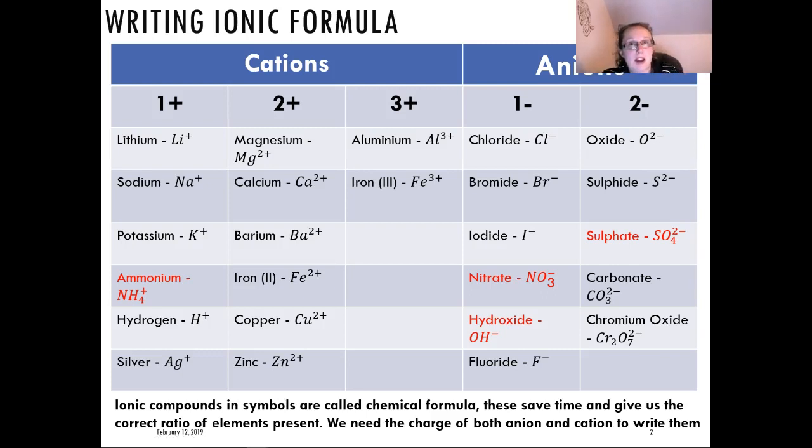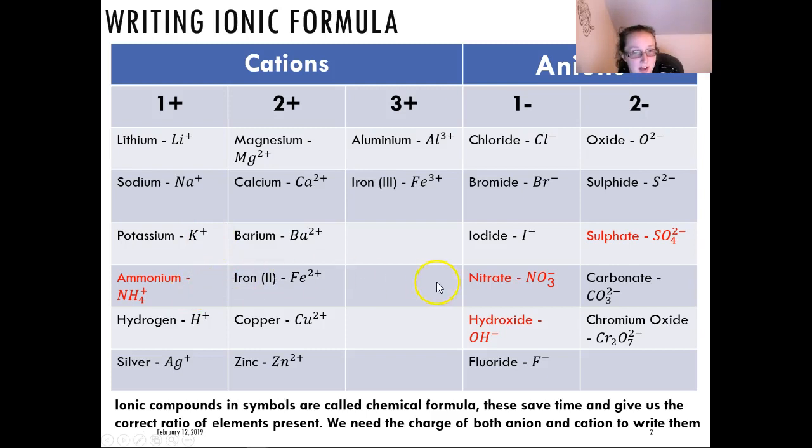So we've already talked about ionic compounds, and to help you identify ionic compounds and to combine them correctly, it's helpful to know some of the really common ions. And here you've got a table filled with loads of the most common ions, but the ones that I've put in red, these are the ones that you are expected to know.